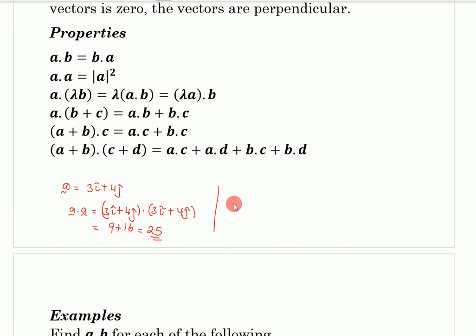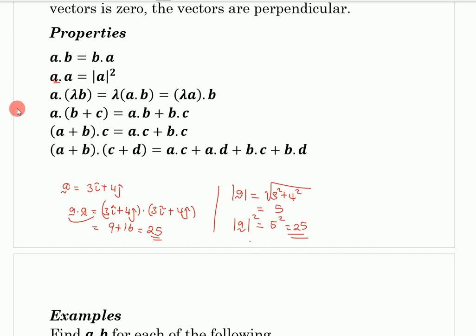That is A dot A. However, if I get the magnitude of A, I have 3 squared plus 4 squared, which gives 5, and the magnitude of A squared is 5 squared, which is 25. So the two are the same. We have just proved this.